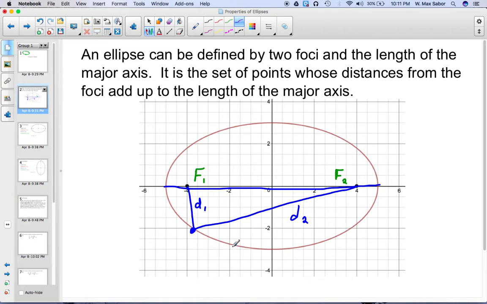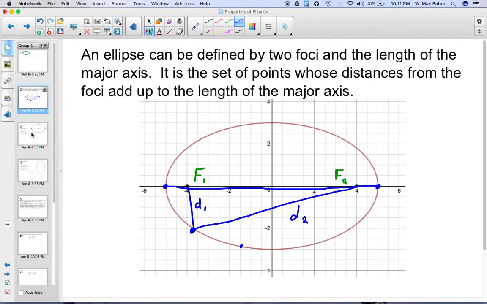So no matter what point on the ellipse I pick, the distance to focus 1 and to focus 2 will add up to, in this case, because this is going from -5 to +5, 10. So from here to there is a length of 10. So that's one of the ways of talking about an ellipse, and sometimes we care about those.